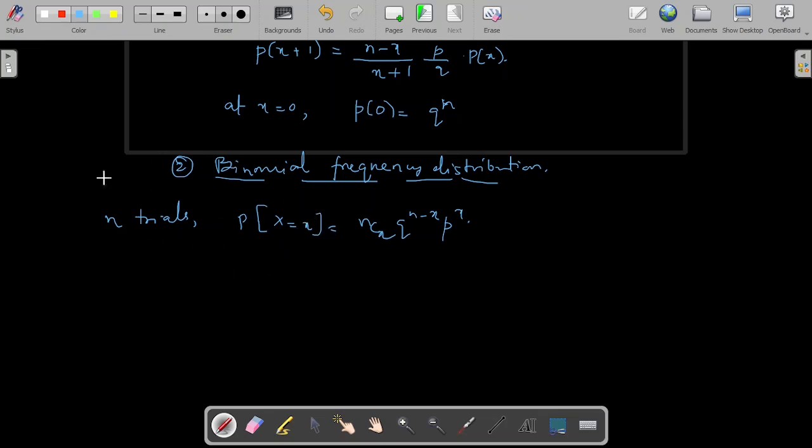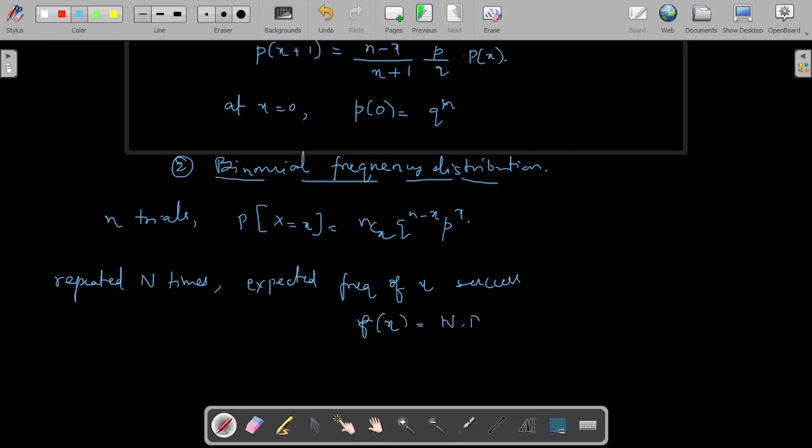Now, if this random experiment with n trials is repeated capital N times, then the expected or theoretical frequency of getting x successes is denoted f of x equal to N times p of x.